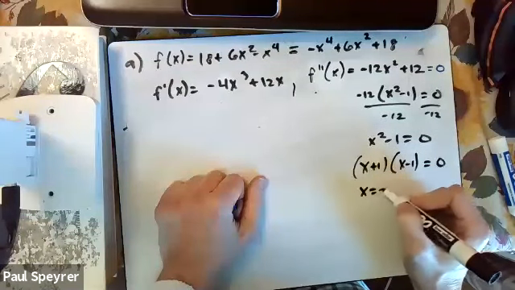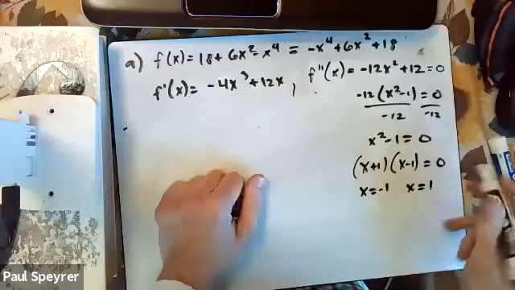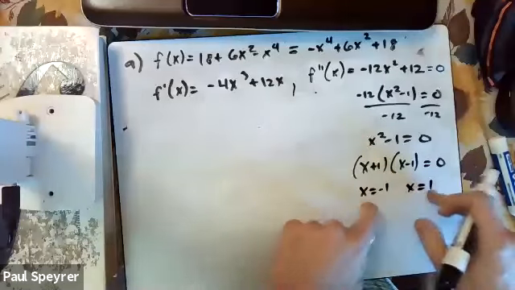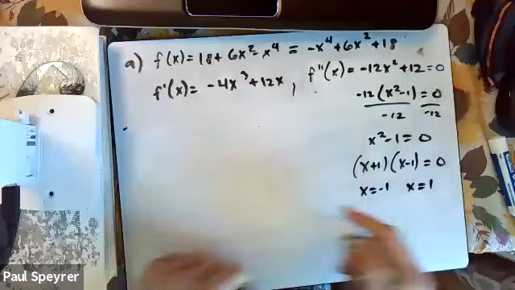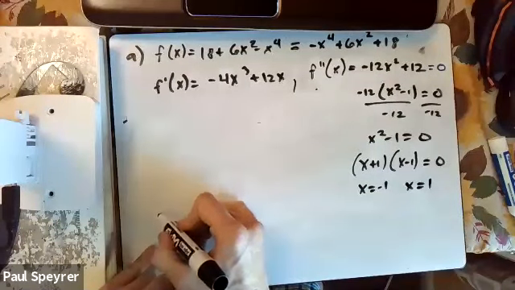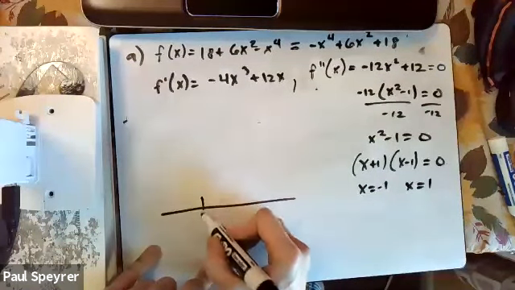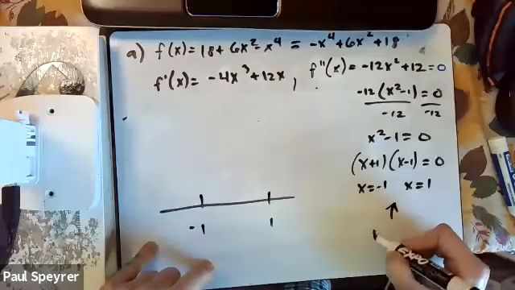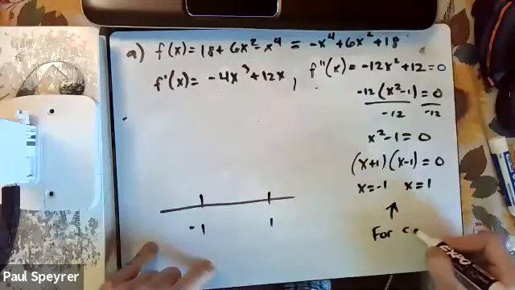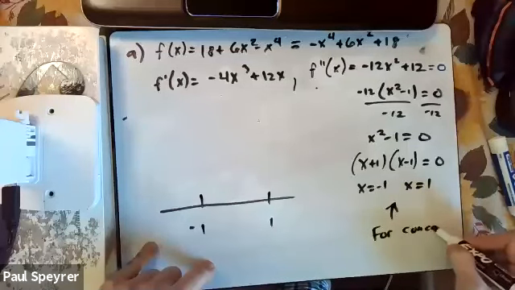So we get x equals negative 1 and x equals 1. Remember, these are our critical values for concavity now. We can make a note, right? This is for concavity or to determine concavity.